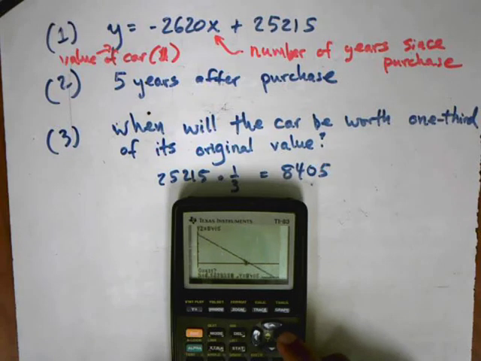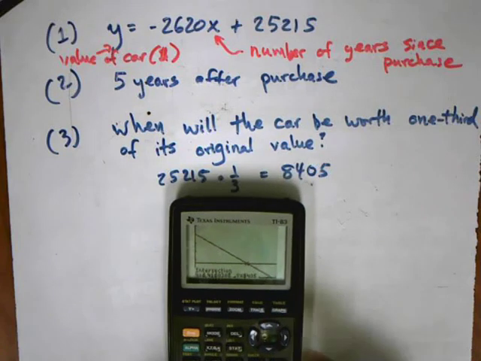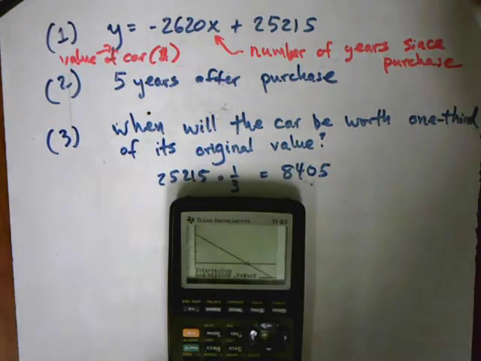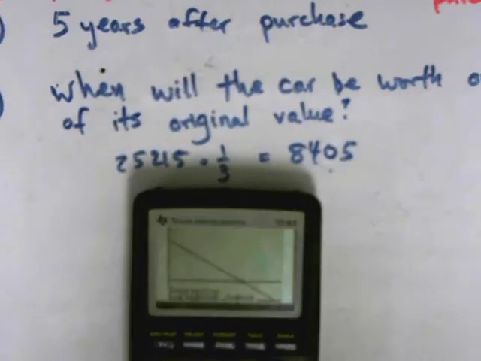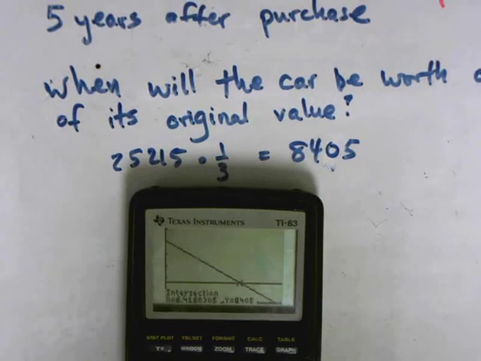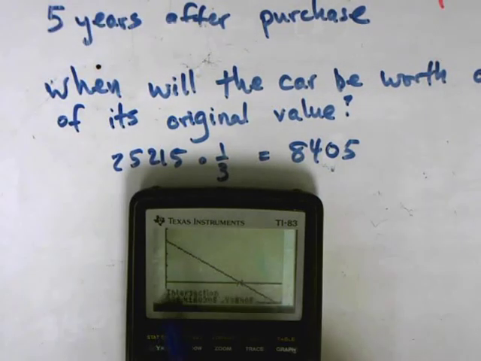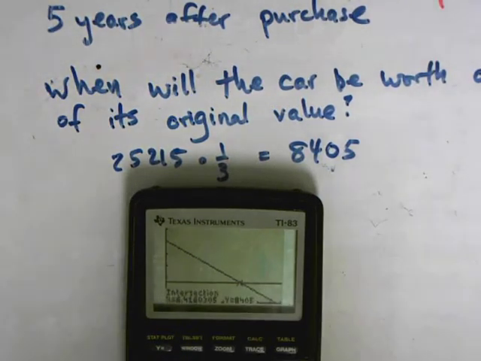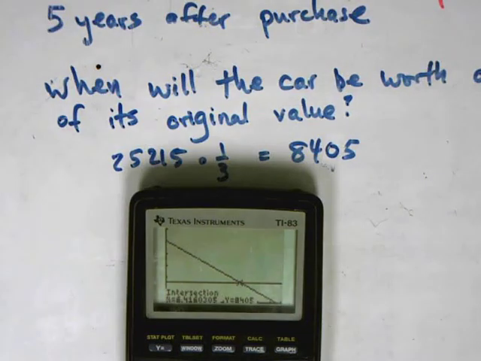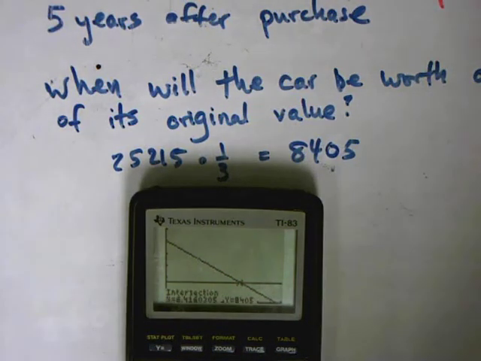And guess means you move the cursor as close to the intersection as you think it is. You can see it blinking there. Hit enter, and you can see the answer comes out to x equals 6.416, which is about 6.42. And that's the exact same answer that we got by solving this algebraically.